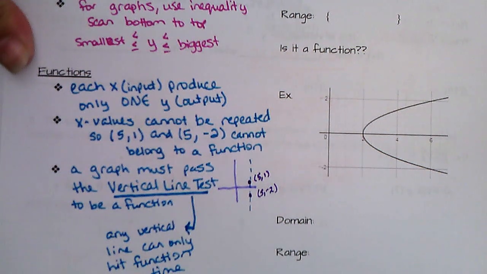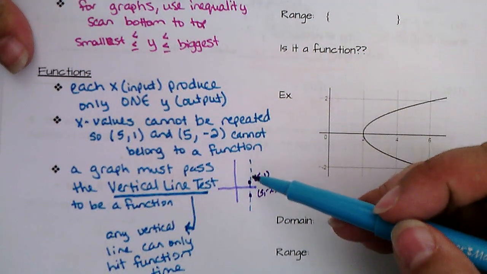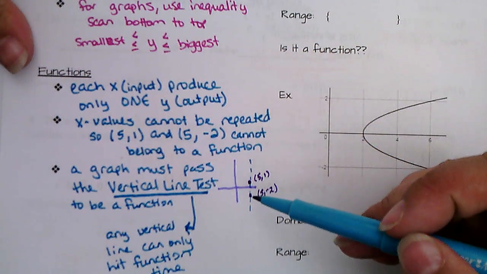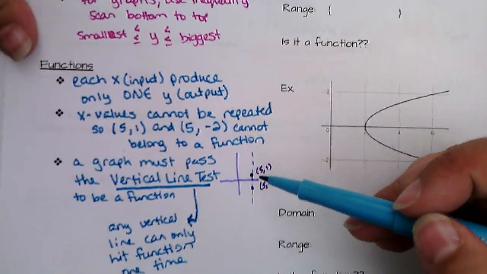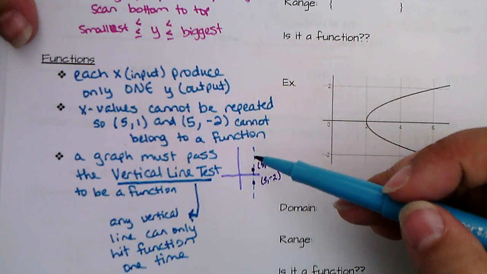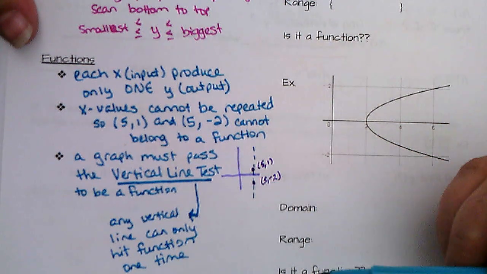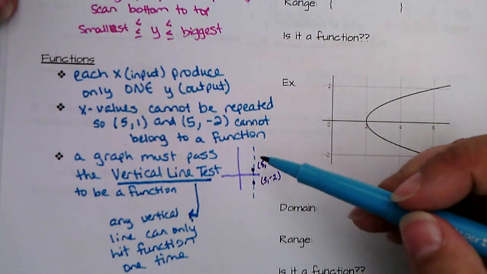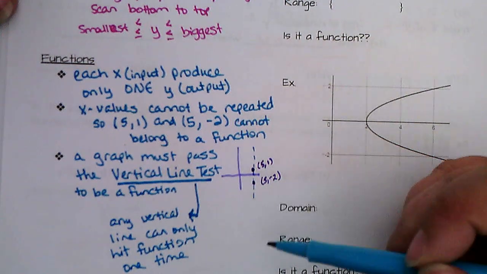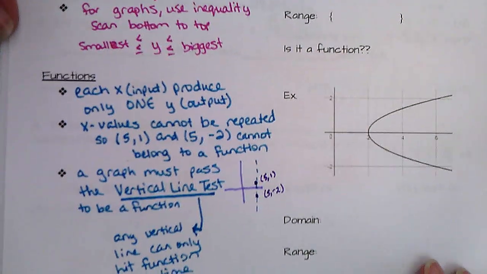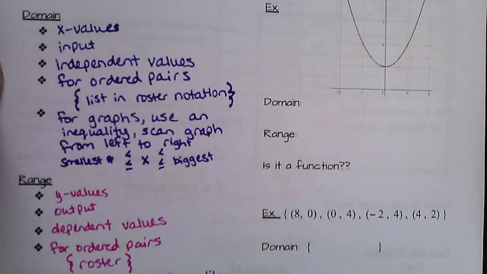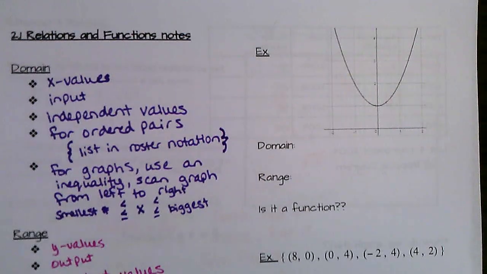So if it hits more than one time, so like on this one, it hit 5, 1, and it hit 5, negative 2, so this would not be a function because a vertical line, boom, boom, hit it in 2 different spots. So it can only hit one place, and then it can't hit your picture anymore, whatever function you have graphed. All right, let's try some examples. So in this example, first of all, we need to draw a couple more things.